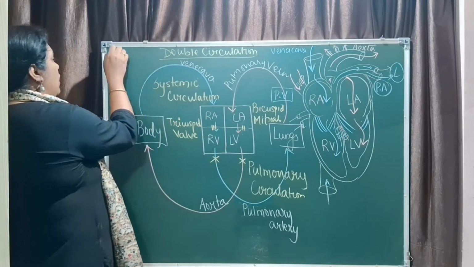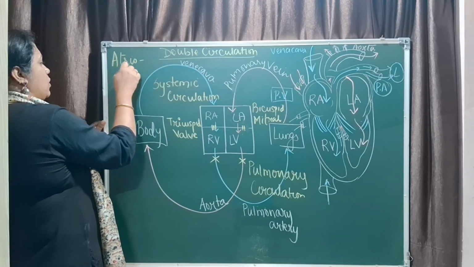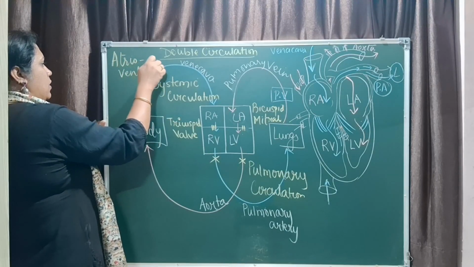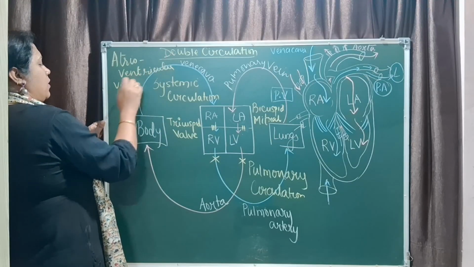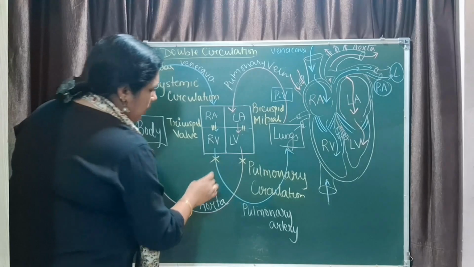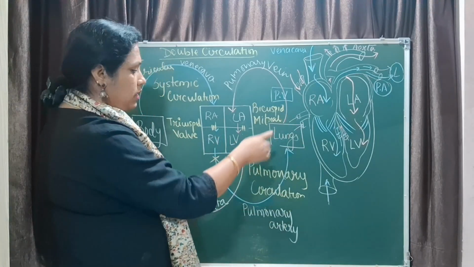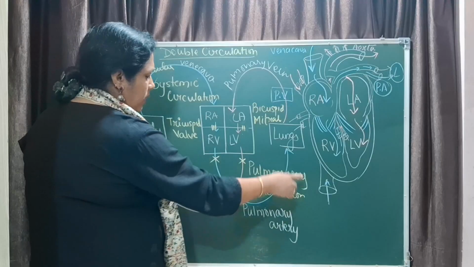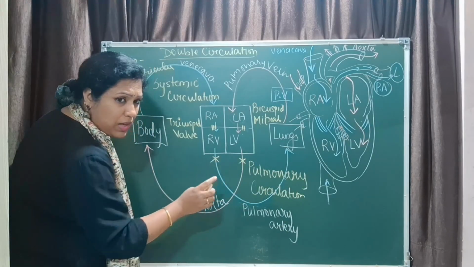So they are called atrioventricular valves. Okay, the valves which are present between the ventricles and the arteries, that is the aorta and the pulmonary artery, are called the semilunar valves.